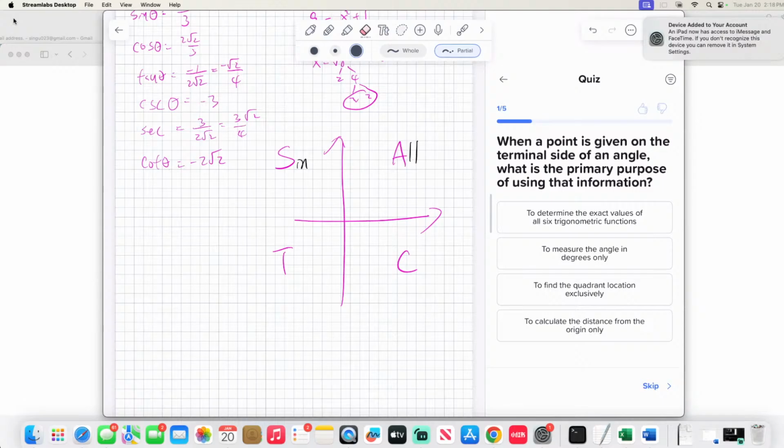Sine and cosecant are positive, and not tangent, not cotangent, not cosine. So this one's tangent, right? And this one's cosine. Cosine and secant, because it's on the right side. But make sure you don't mess up the plus minus. If you mess up, everything is messed up.